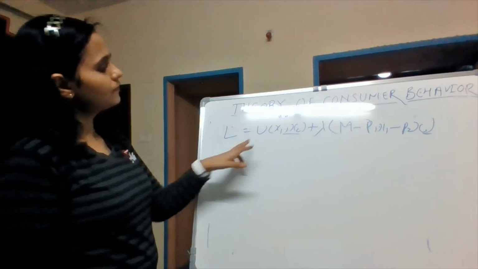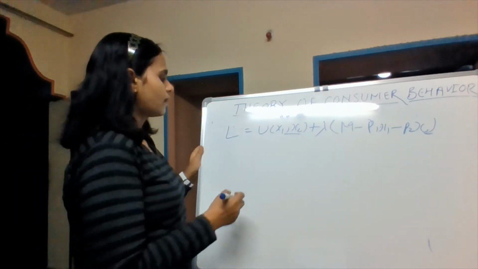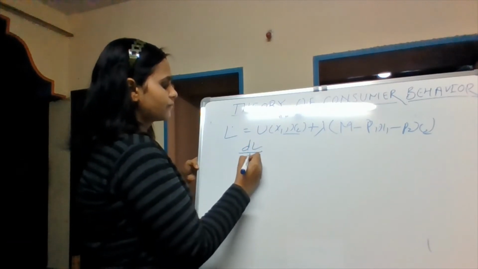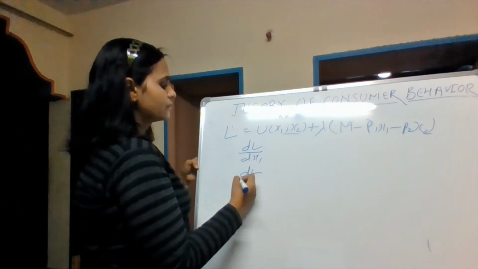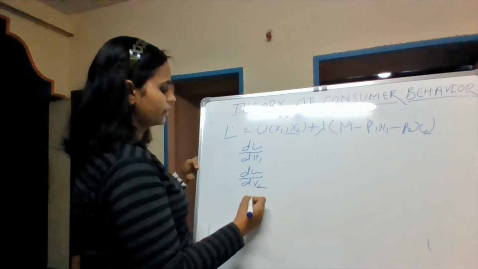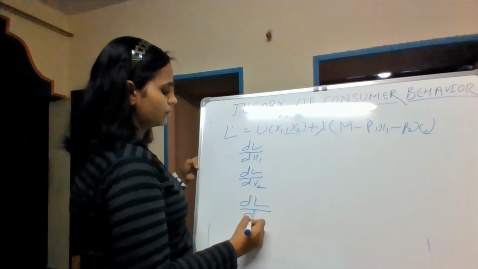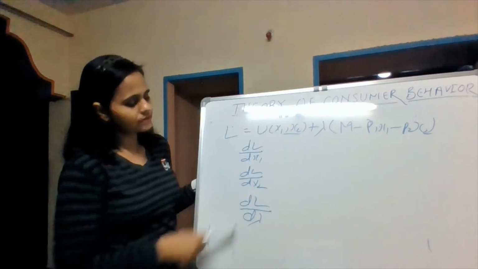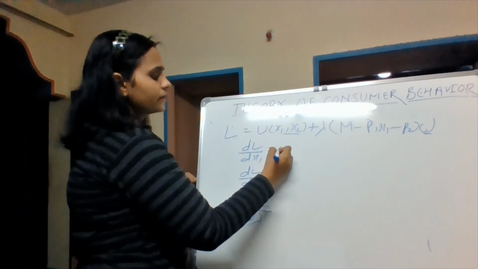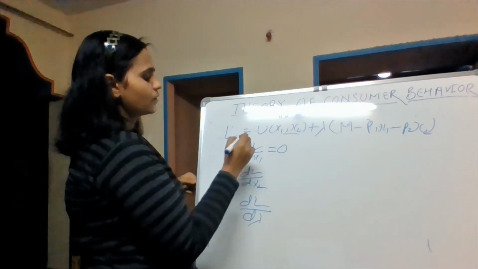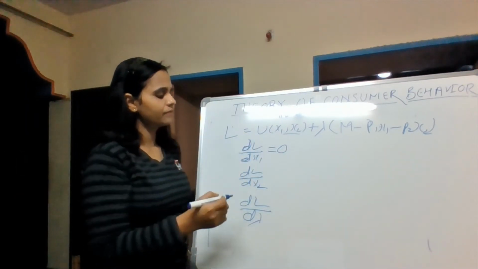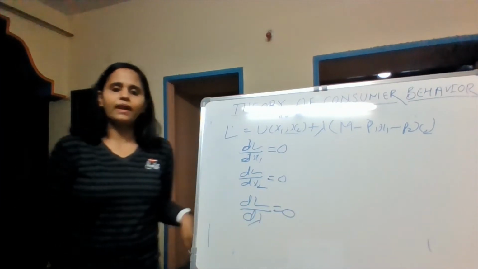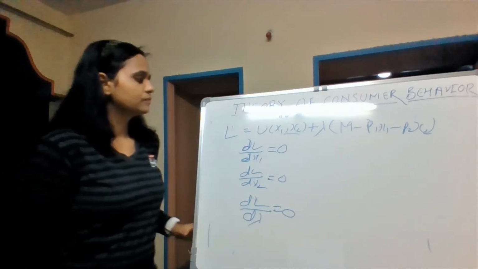Now what you need to do is differentiate first by x1, then by x2, then by lambda. So you have three variables here: x1, x2 and lambda. We will do partial differentiation, and then set it equal to 0 to maximize, to derive our maximum x1 and x2.